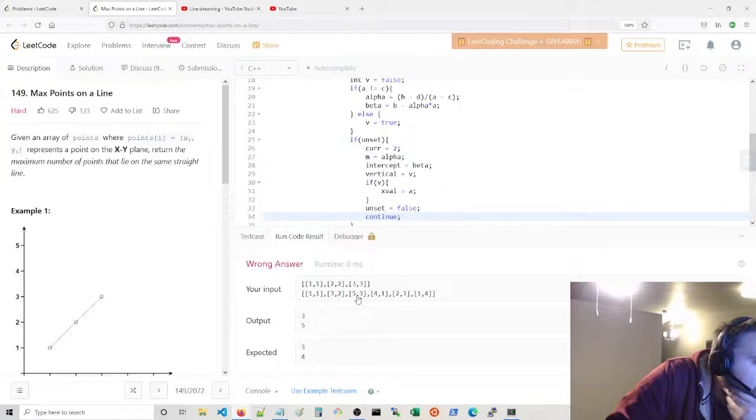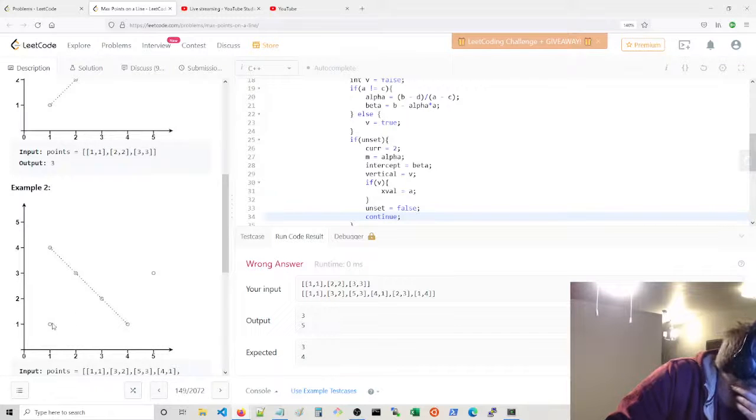1 1, 3 2, 5 3, 4 1. So when we picked 1 1, we have that vertical line. We pick 3 2. Where's 3 2?